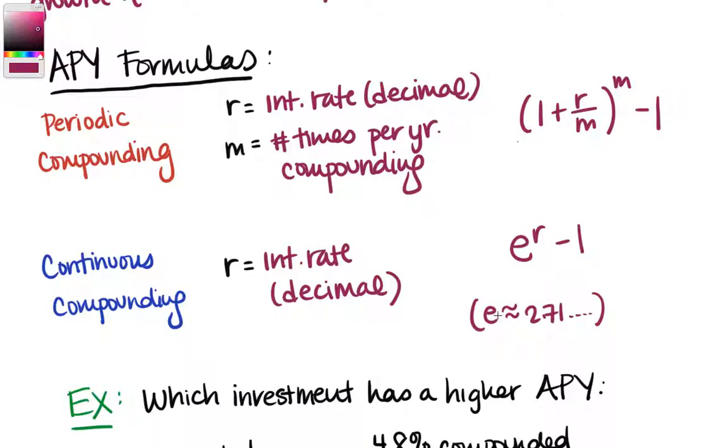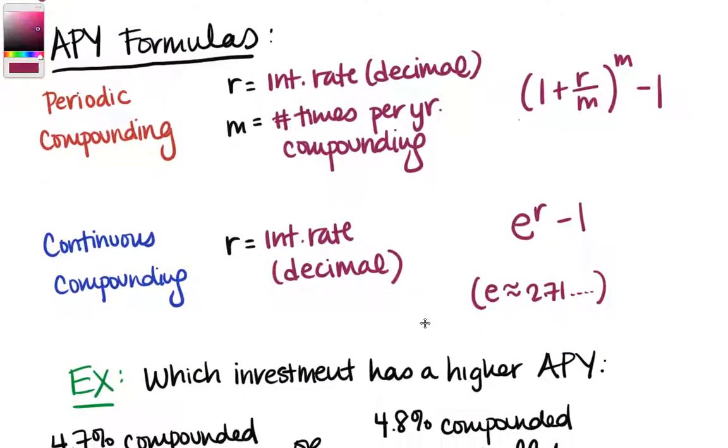You always use the E button on the calculator here. These formulas look pretty simple. We're not going to get into the derivation of these formulas in this video, but you're welcome to look it up online or in the textbook. These are the two formulas that we're going to be using.